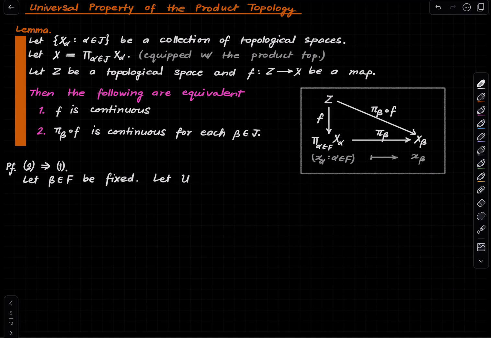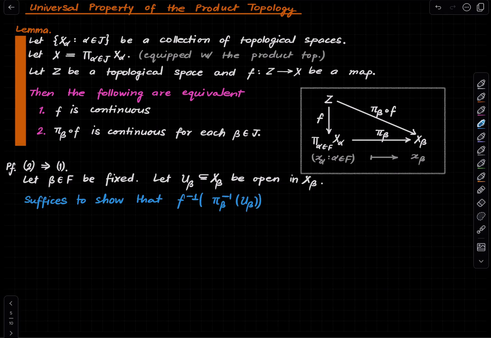Let u beta be open in X beta. Then it suffices to show that f inverse of pi beta inverse of u beta is open in Z. Why is that?